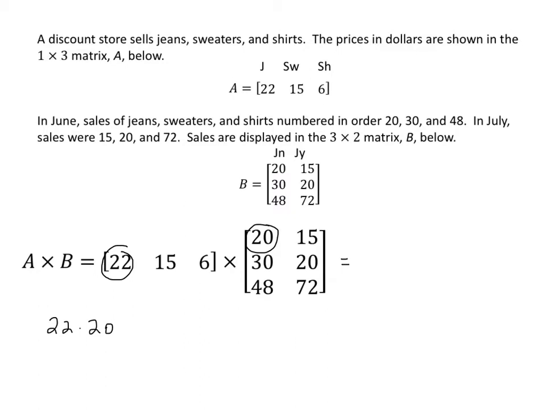And then the price of sweaters times the number of sweaters I sold. And then finally, the price of shirts times the number of shirts. And I will add these values together. And what I find out is that I had $1,178 in sales in June.